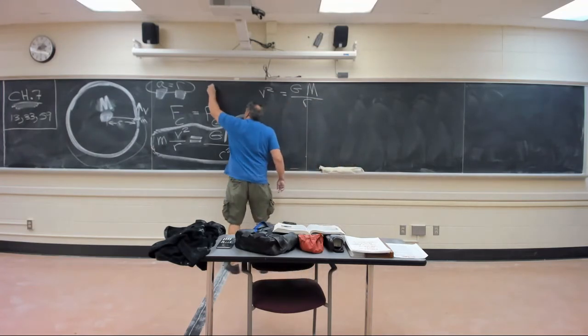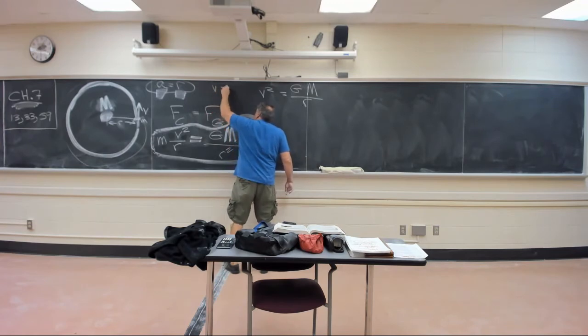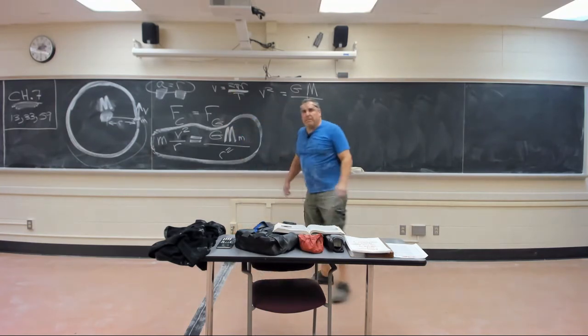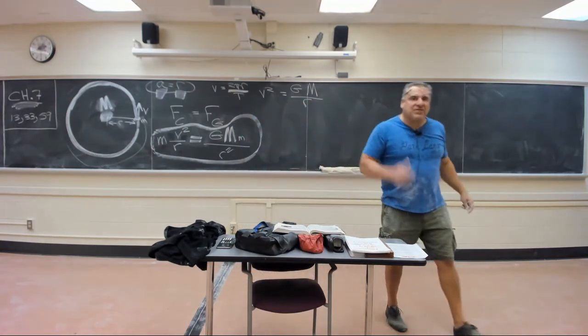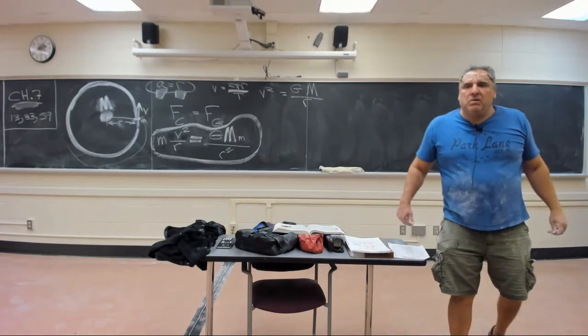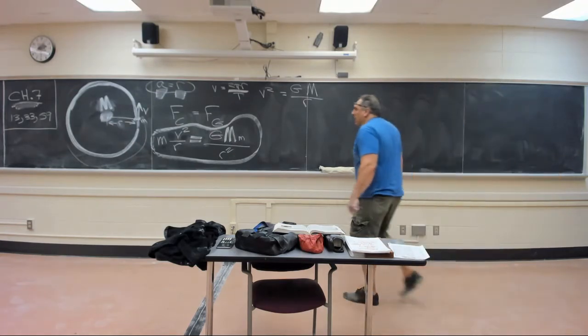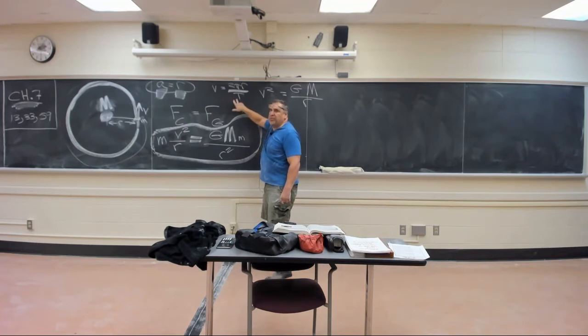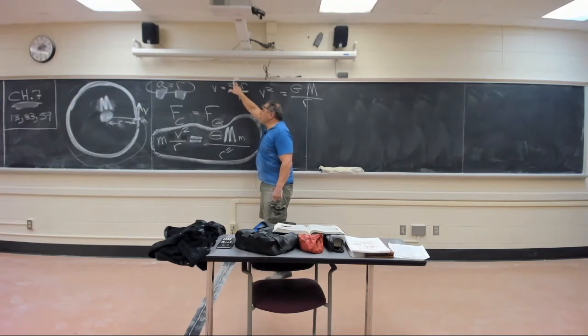Is the average velocity the circumference, which happens to be 2 pi r, divided by the period? We've seen this argument before, in the last video. Velocity is circumference divided by the time it takes to go around the circumference. That time is called the period, capital T. The circumference is 2 pi r.